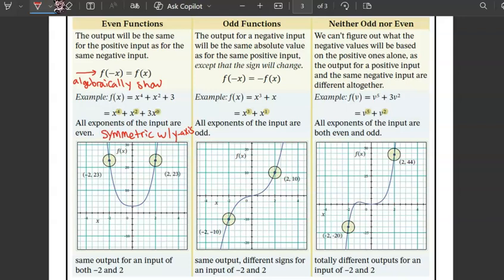For odd functions, the output for a negative input will be the same absolute value as for the same positive input, except that the sign will change. Algebraically, you would show that f of negative x is the same thing as negative f of x. The graph also has symmetry with the origin.